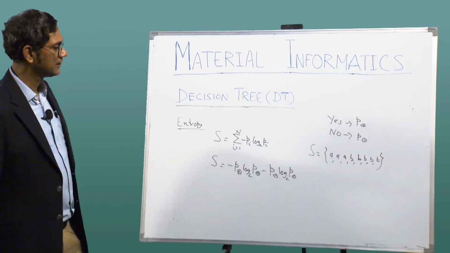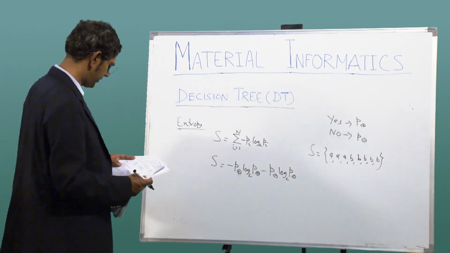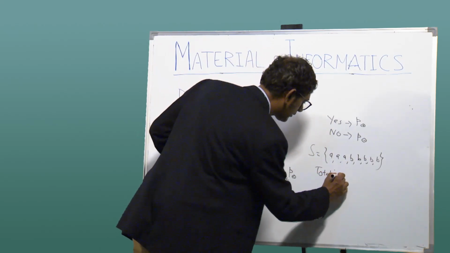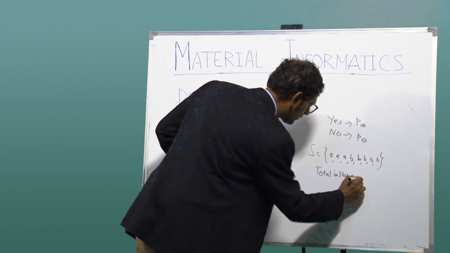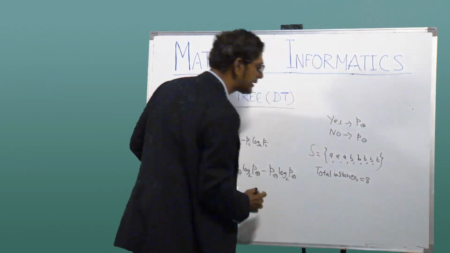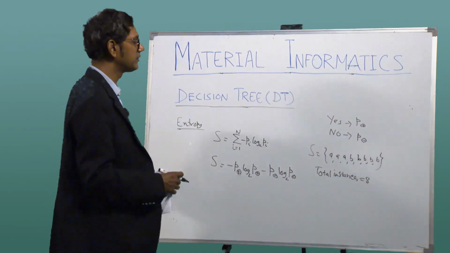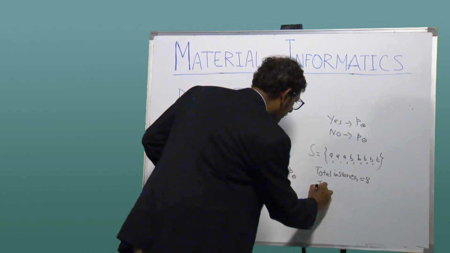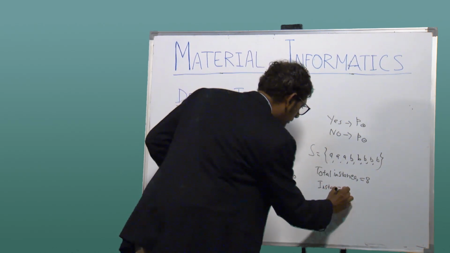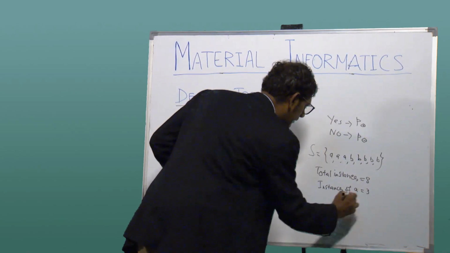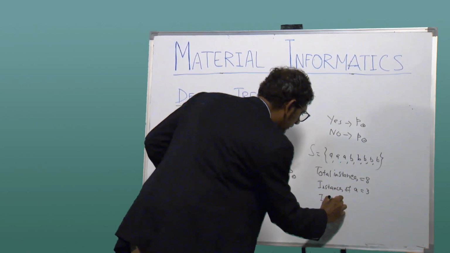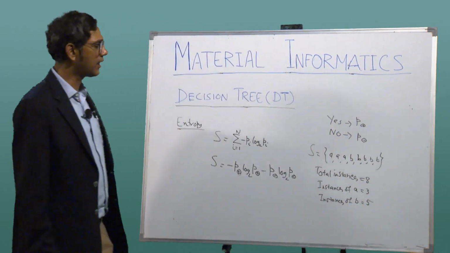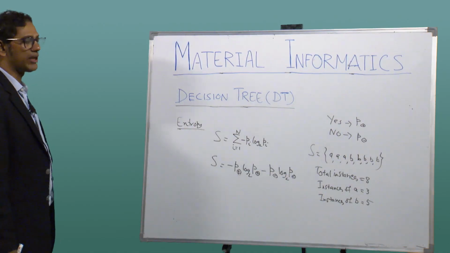So, there are 8 data points. So, total instances is 8. A stands for affirmative, B stands for negative. So, how many instances of A? 3. Instances of B? 5. Okay. Out of 8, 3 instances of A, 5 instances of B.